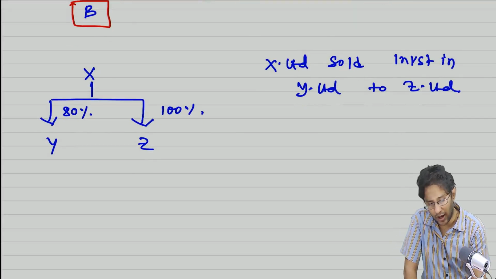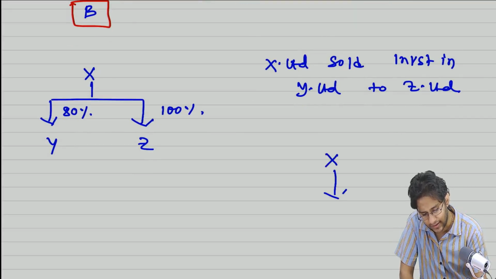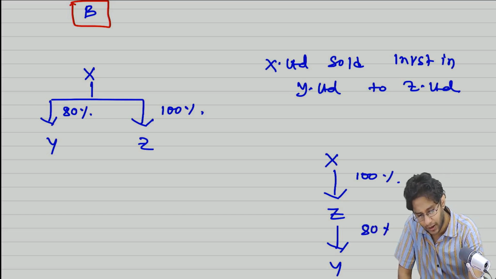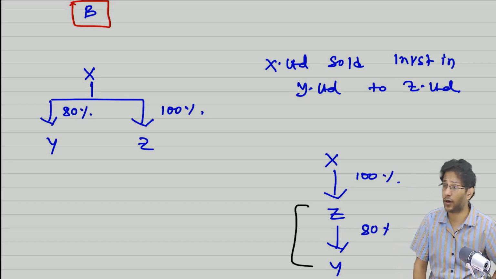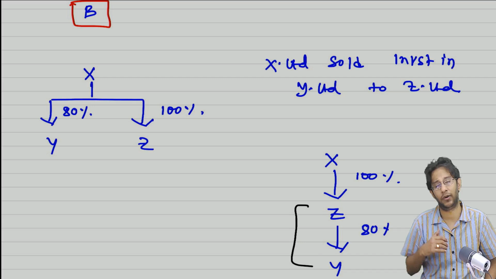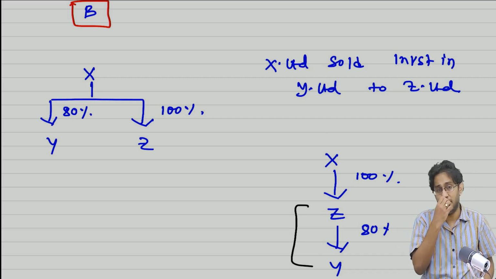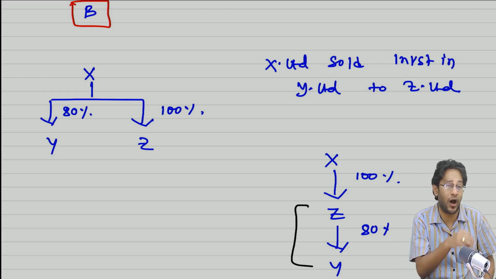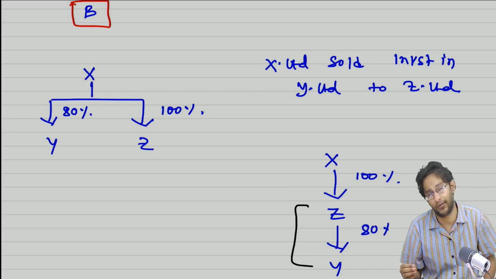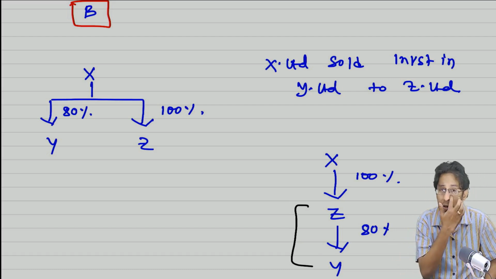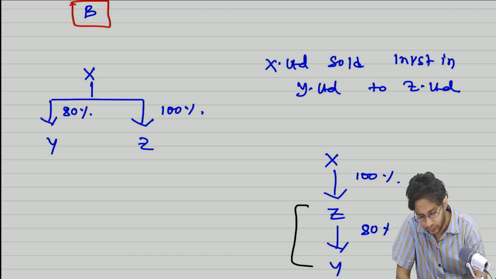So ultimately how it looks is X is having shares in Z, Z is having shares in Y. If you observe only this part, Z obtained 80% shares in Y Limited. Z acquired control over Y Limited. True. But Z and Y both are under the control of X Limited, before the arrangement and after the arrangement also. So again, this is a common control transaction.